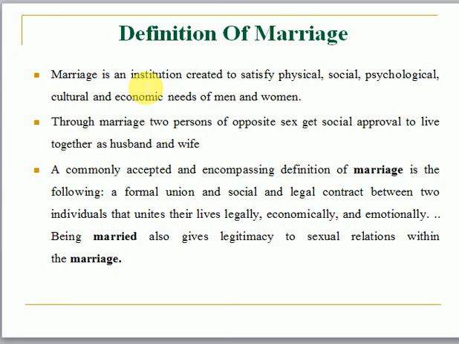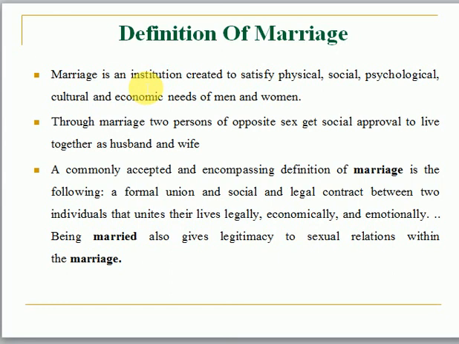These two opposite sexes get their social approval by following the social norms, social values, and cultural values of a society in order to satisfy their physical, social, psychological, cultural, and economic needs. Both have needs for each other.